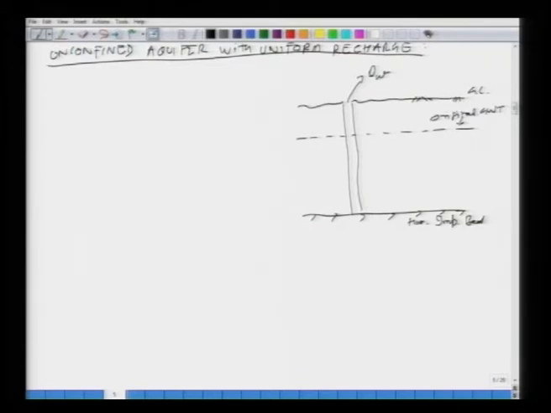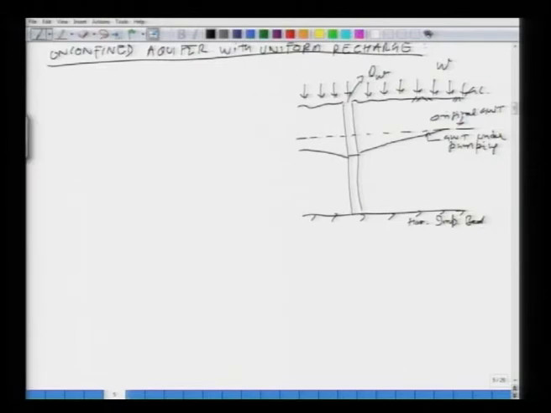After some time, the groundwater table would be like this. That is your groundwater table under pumping. Now, what is also happening is there is a recharge taking place into the aquifer from the top, and the rate of recharge is, let us say, W.